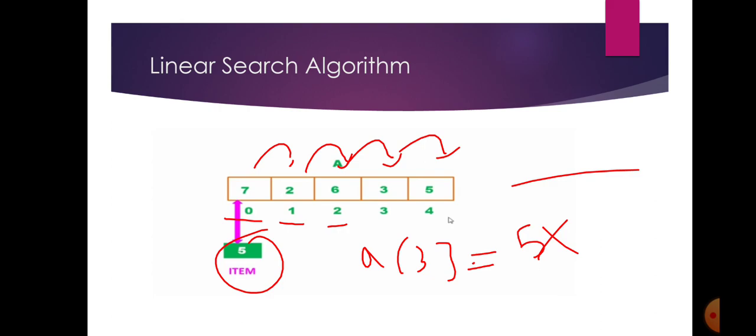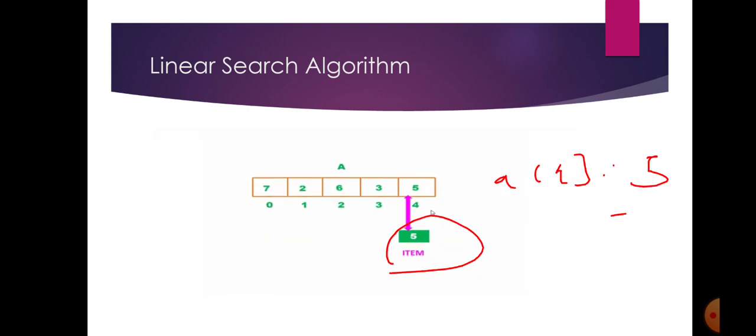How do we write an algorithm for this? First we traverse the array using a for loop. In every iteration, we compare the target value with the current value of the array. If the value matches, return the current index of the array.